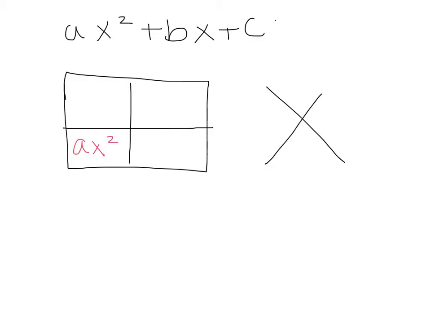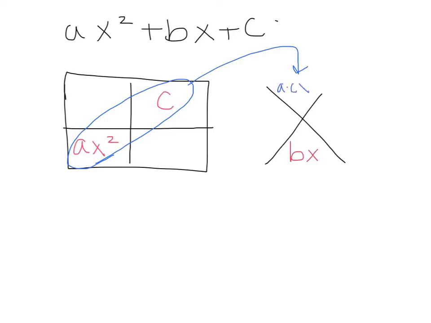In the top right-hand corner is where you're going to put your last term, which is c. The bottom of your x is where you're going to put your middle term, which is bx. And then you are going to multiply this diagonal together, and that's what goes on the top of it. So ax squared times c is acx squared.